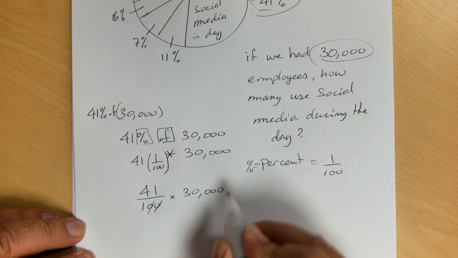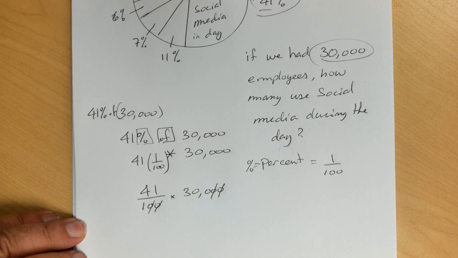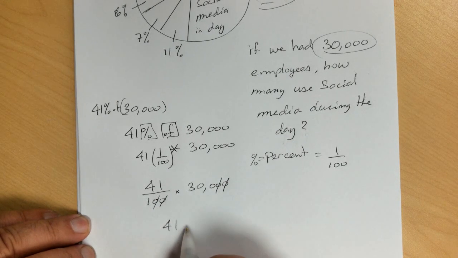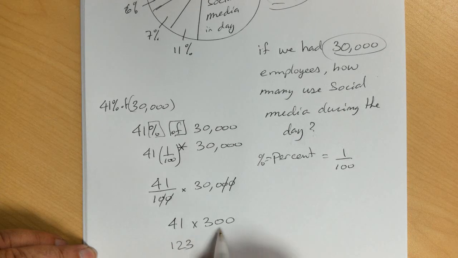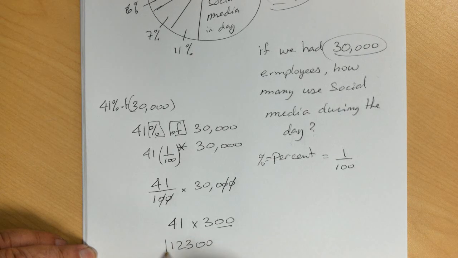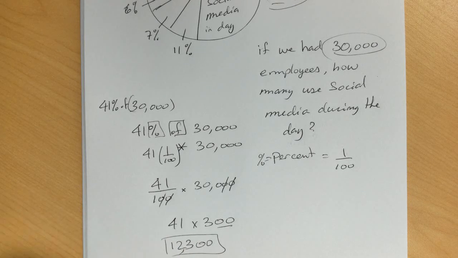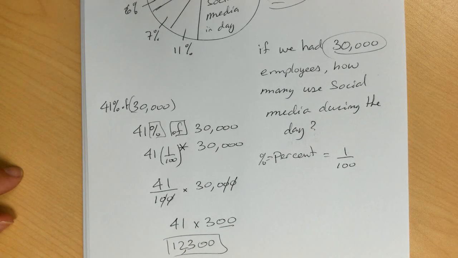I can get rid of 2 zeros. So I have 41 times 300. 41 times 3 with 2 zeros behind it. So 12,300 of our employees are on social media during work time.